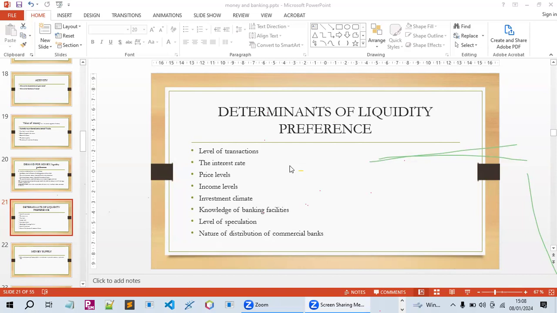So if the interest rate is high, the percentages given attract people to invest so that their money multiplies or they make profits. Therefore, it will lead to a low liquidity preference. However, if there is a low interest rate, it increases the level of liquidity preference.